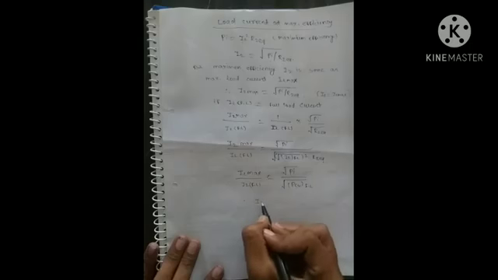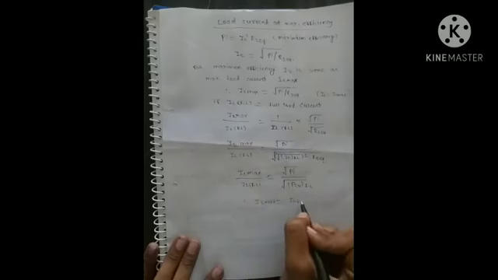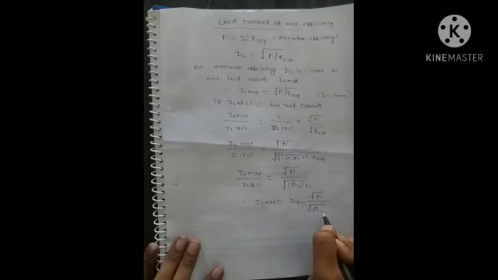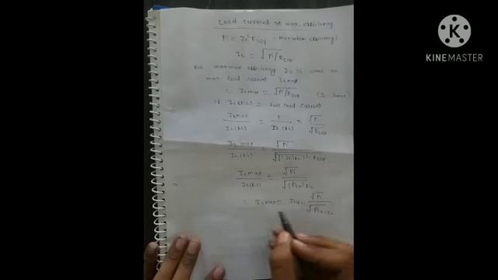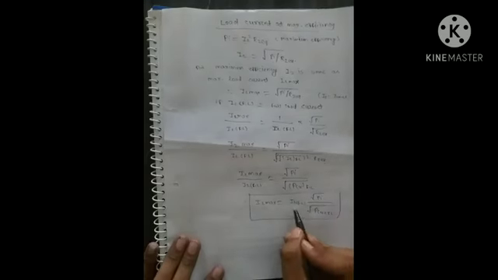Therefore, I2 max equals I2 FL into the square root of Pi upon PCU full load. This is the value of load current at maximum efficiency.